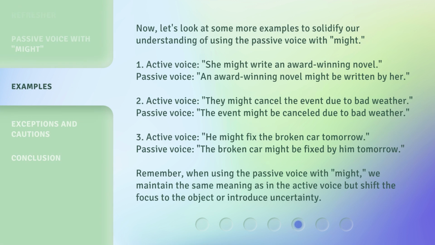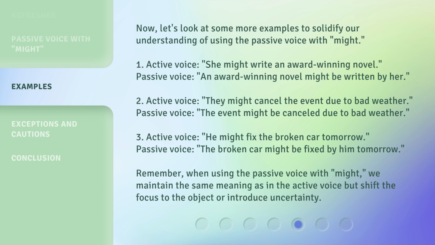Now, let's look at some more examples to solidify our understanding of using the passive voice with might. One. Active voice: she might write an award-winning novel. Passive voice: an award-winning novel might be written by her. Two. Active voice: they might cancel the event due to bad weather.